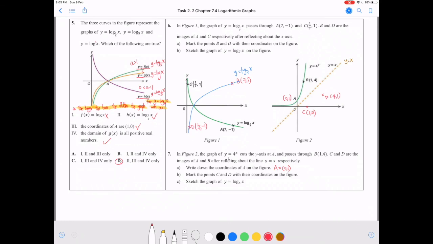Therefore, we can draw the graph. Let me use this color. So the graph will be like this, okay, approximately.